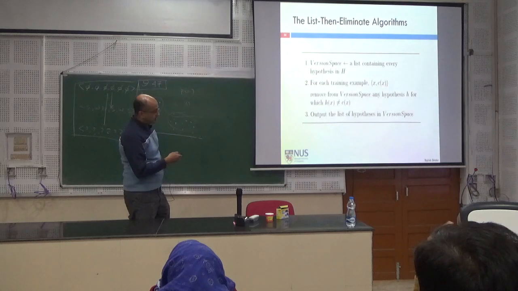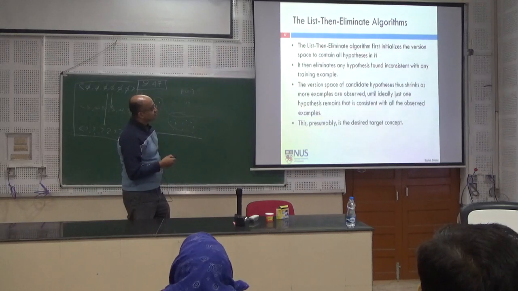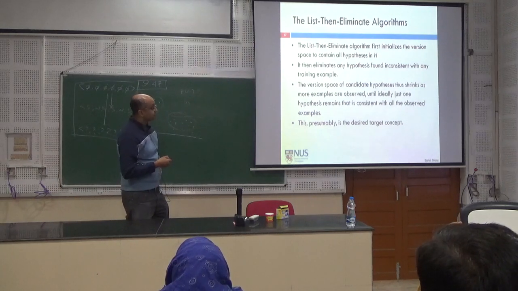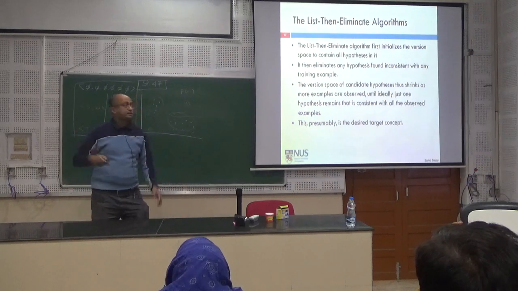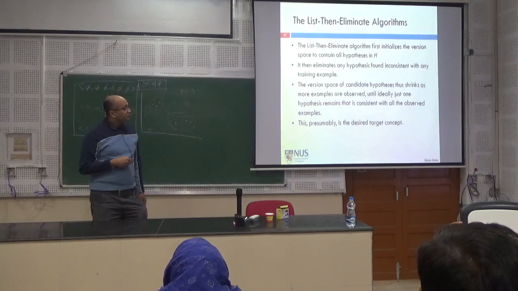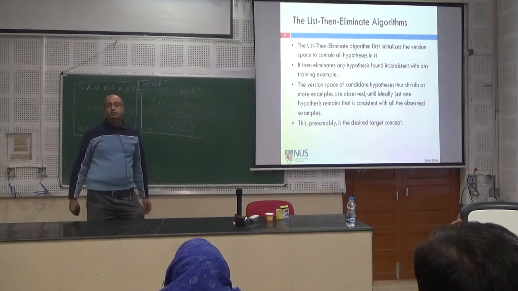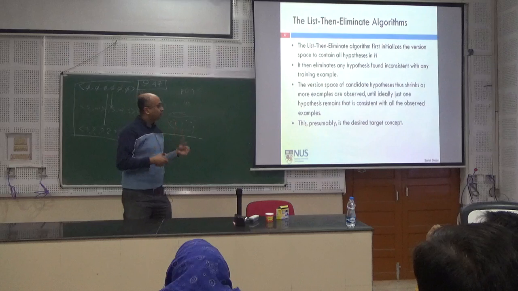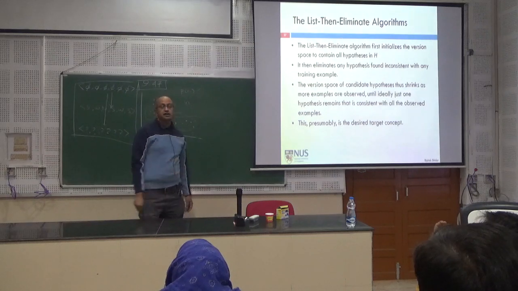So this is another way of interpreting this. You first list all the hypotheses in H. Then any hypothesis that you find is inconsistent with the training example, just delete it. The version space then shrinks as more and more examples are observed, and it shrinks from both sides, hopefully, and then ultimately you will have the desired target concept.